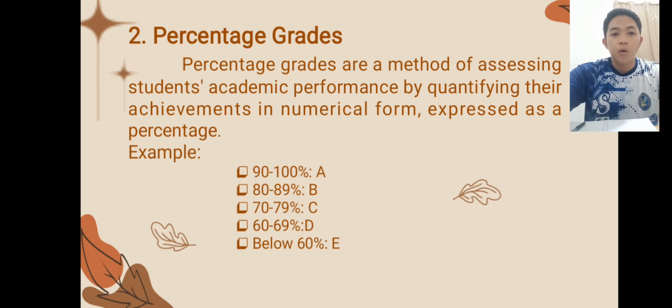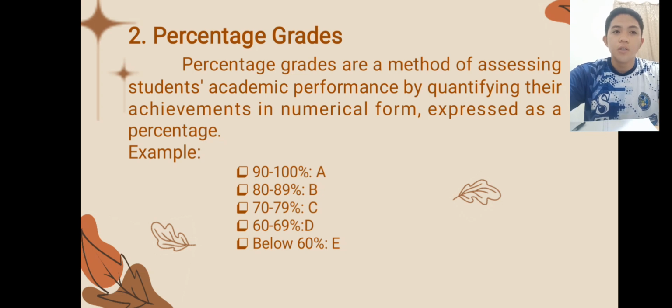So, 90 to 100% is equivalent to A, which means passed, from the previous topic, which is the letter grade, or we tackled on the previous topic. So 80 to 89% is equivalent to B, 70 to 79% is equivalent to C, and 60 to 69% is D. Below 60% is equivalent to F, and we know that below 60% we consider as failed.